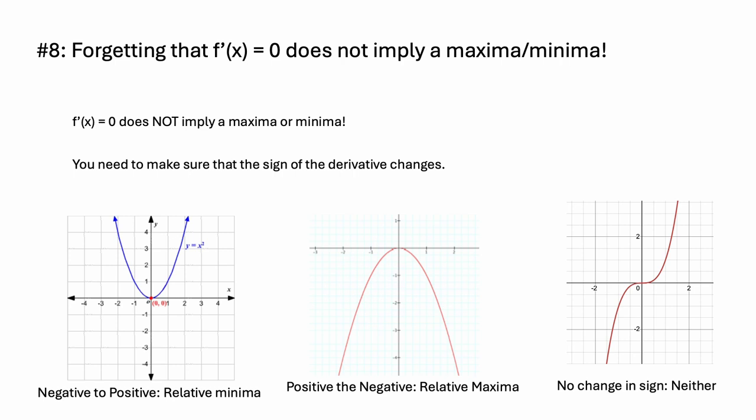They are positive either way. The slope is positive, and therefore the points are always increasing. This is actually the graph of y equals x cubed. Here's the example where the derivative at x equals 0 is 0, but it is neither a maxima nor a minima.